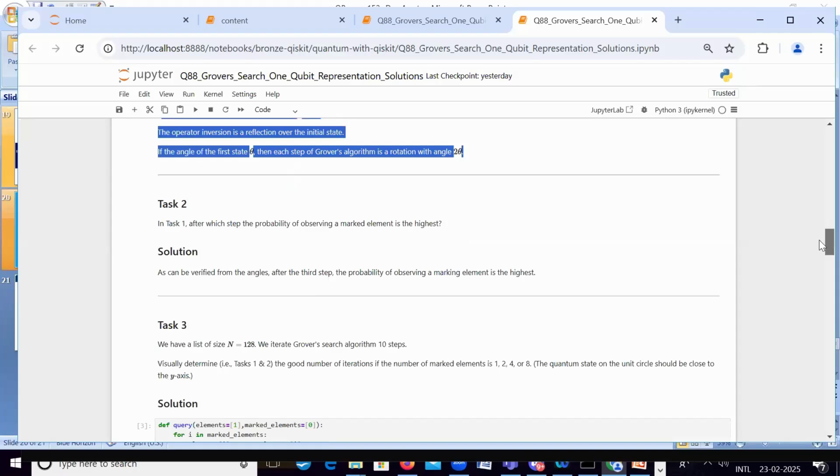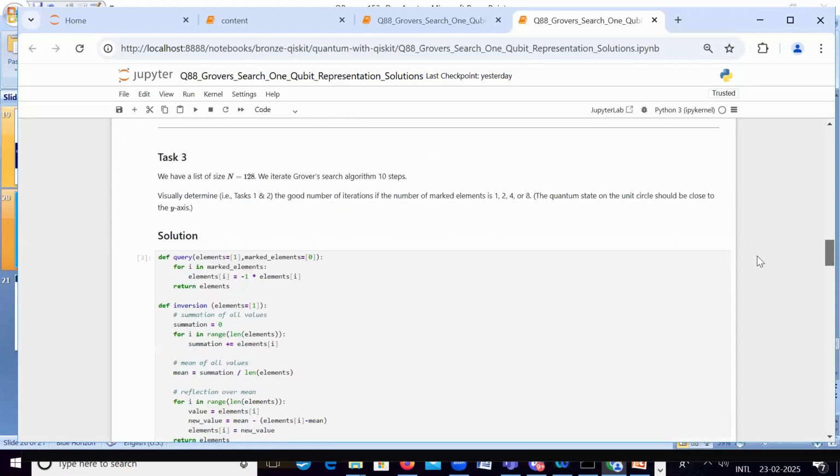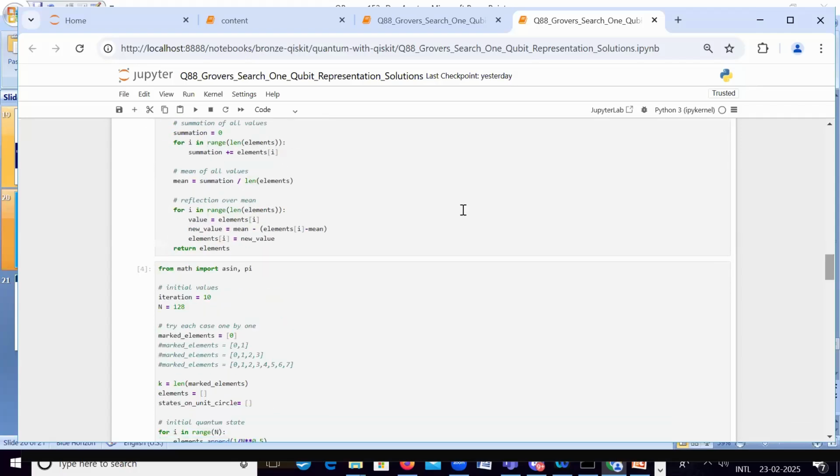Now you all must have understood by looking into this unit representation. Task 3, we have the size of 128, and we are going to iterate the algorithm for 10 steps. So this is the representation in the unit circle.